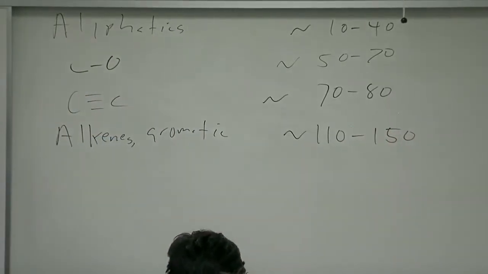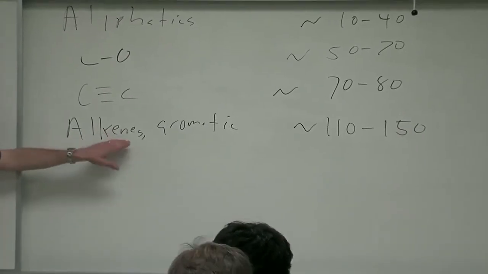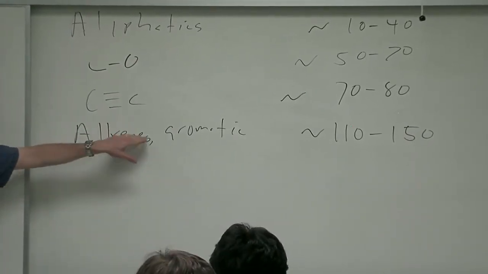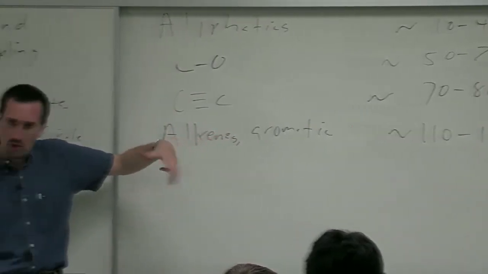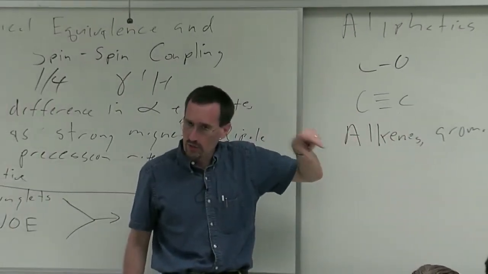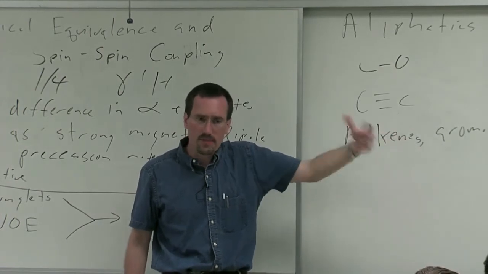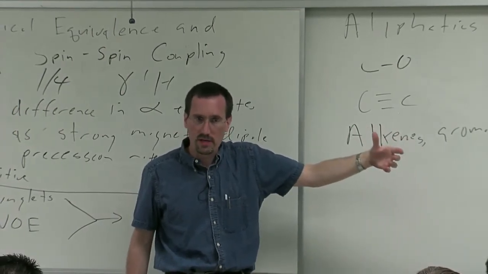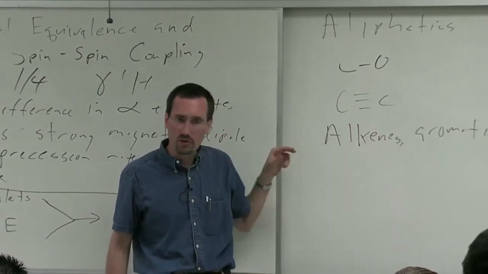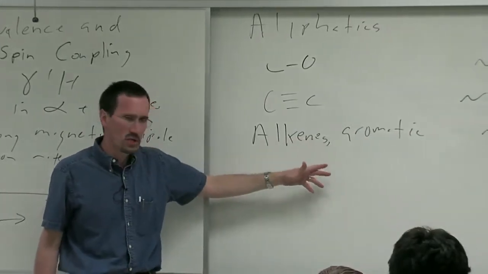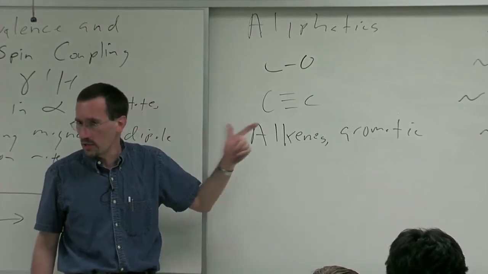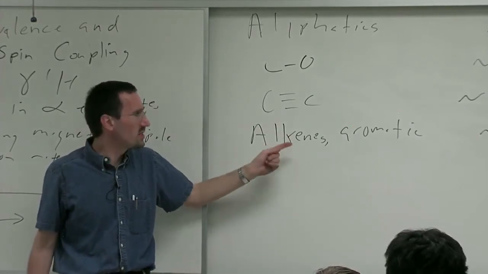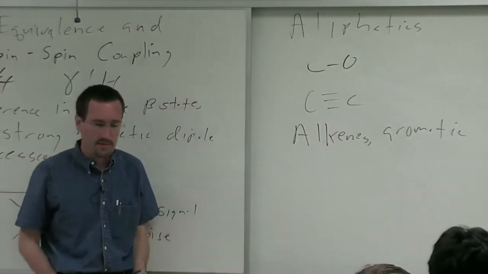Of course these are all typical values. If you put an oxygen directly on an aromatic carbon, like in anisole or phenol, that carbon might be at 160 parts per million. If you have high electron donation, say at an ortho carbon, you could easily be a little below 110 ppm.